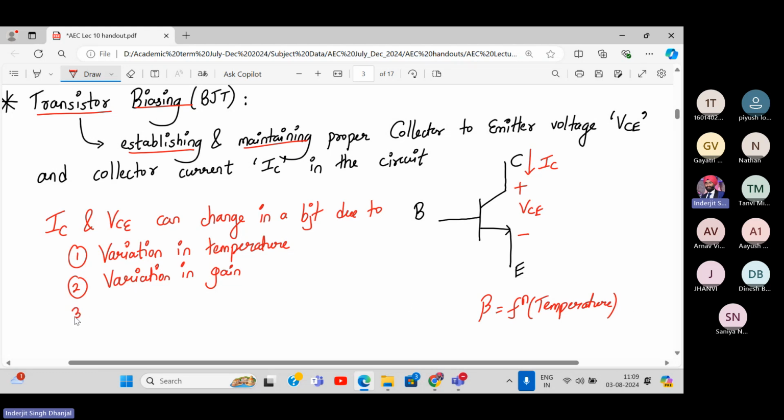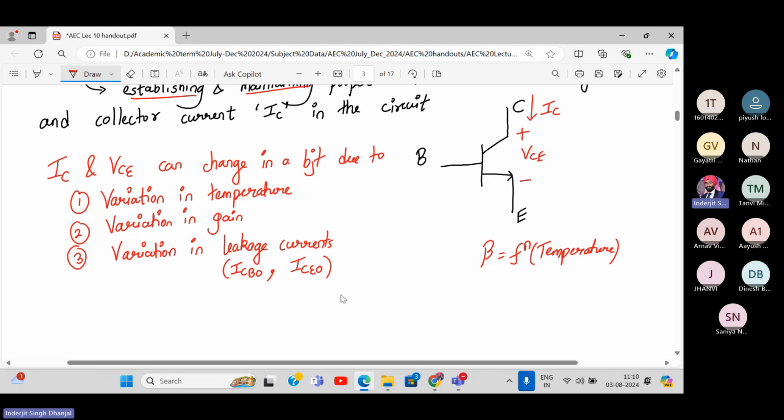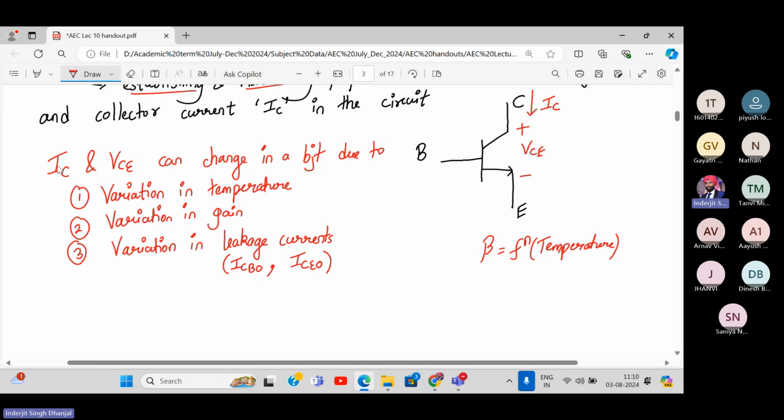All right. So next, your IC and VCE can change due to variation in leakage current. What are the leakage currents in a BJT? Yesterday we have seen ICBO and ICEO. These are the leakage currents present in the BJT. So your collector current and collector to emitter voltage can change due to variation in the leakage currents also.